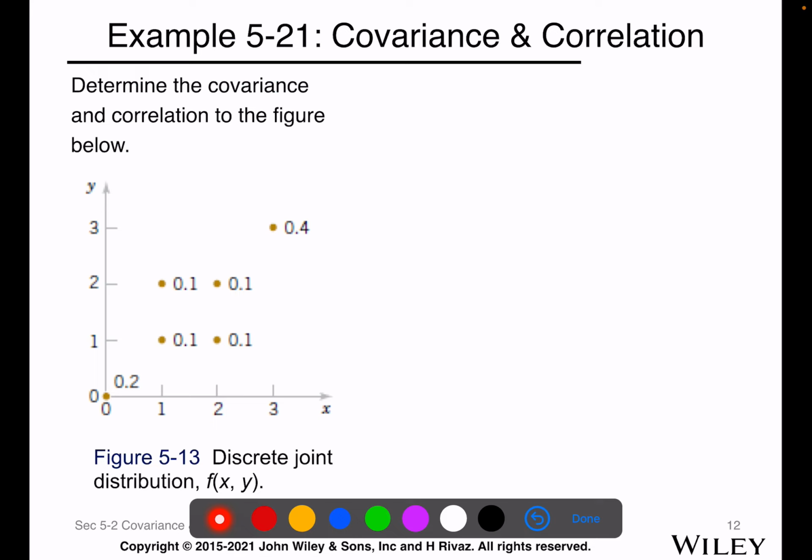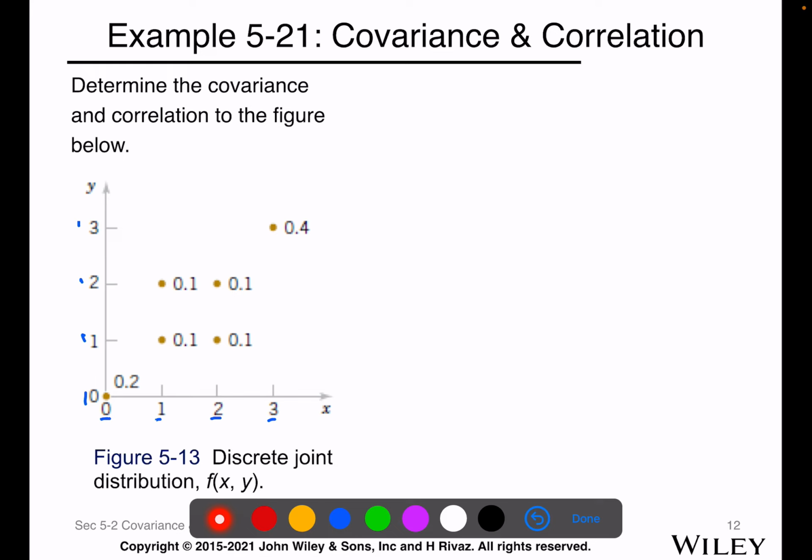Okay. So, before we see what this means intuitively, let's look at an example, right? So suppose that this is my joint PDF, or more correctly, actually PMF, probability mass function, because this is a discrete case, right? So x can be 0, 1, 2, 3, and y can be the same, 0, 1, 2, 3, right?